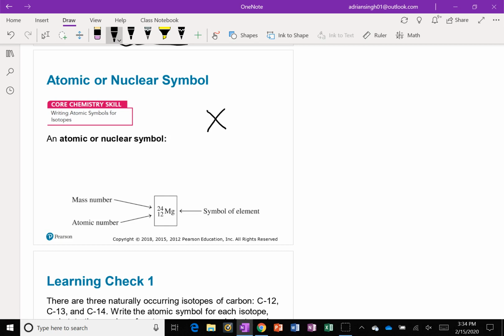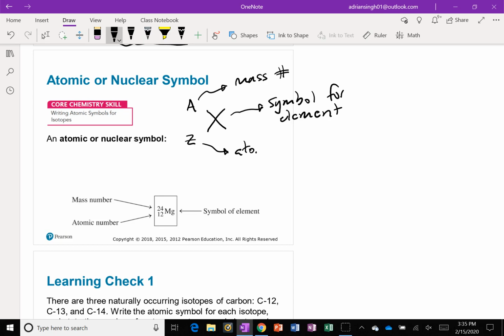We're going to have X, which is going to be our symbol for the element. And then as a superscript, we're going to have a number which will designate A, and this here is going to be our mass number. And then as a subscript preceding the element, we're going to have a number which will designate Z, and this here is going to be the atomic number.